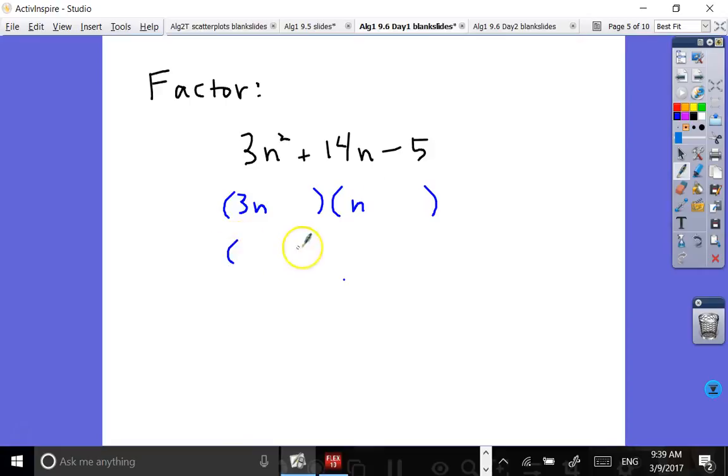So let's go like this. 3n and 3n and 3n.